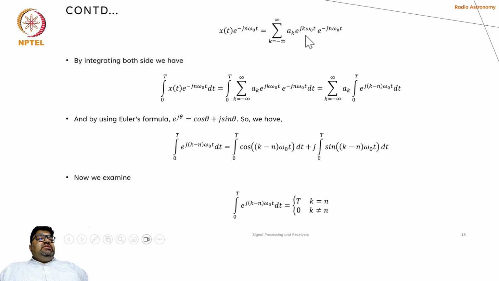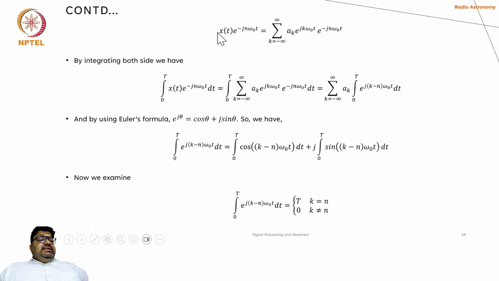Sorry, it doesn't cancel out, it's k and this is n, so the k minus n term survives. And if you integrate over both sides, a of k is independent of the variable t, so that comes out of the integral, and the term which remains inside is e to the power j k minus n omega naught t, from 0 to T.